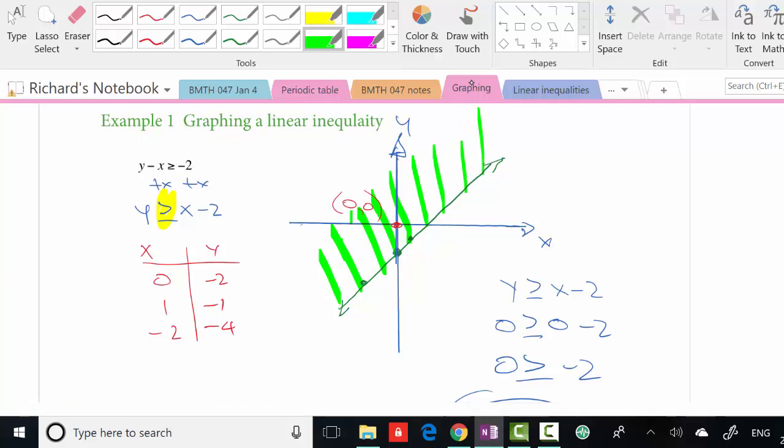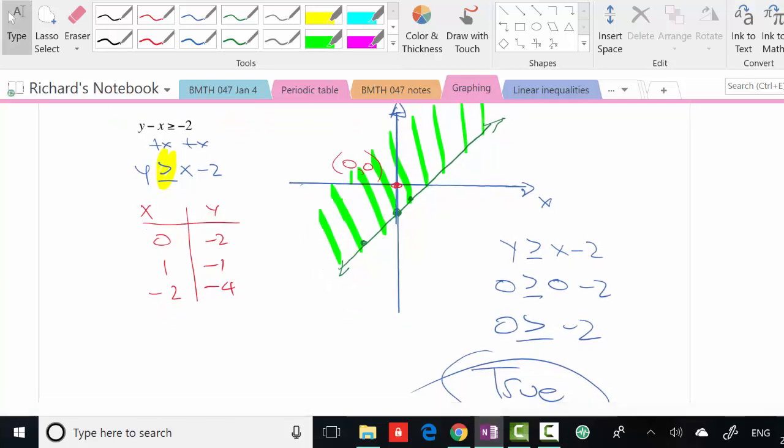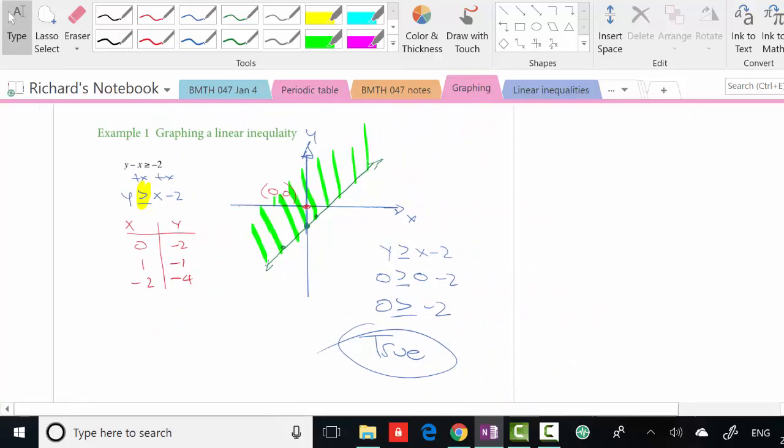To recap, the test point 0, 0, when fed into the original inequality, results in a true condition, which means that the test point lies on a side of the boundary line which makes the inequality true. So that's the side of the boundary line which is shaded. Everything on the shaded side of the boundary line, including values on the boundary line, makes the inequality true.